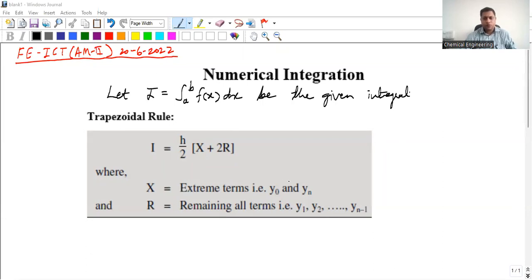Now we have seen Simpson's 1/3 rule. What is the restriction for Simpson's 1/3 rule?